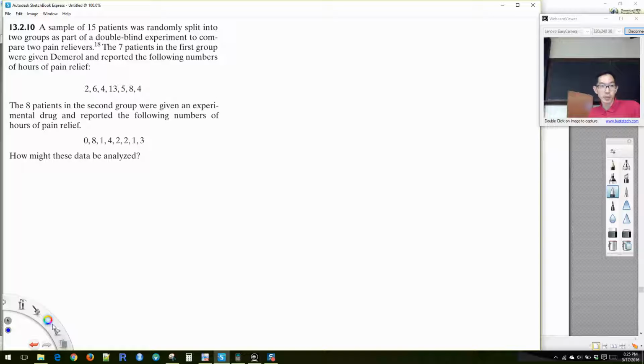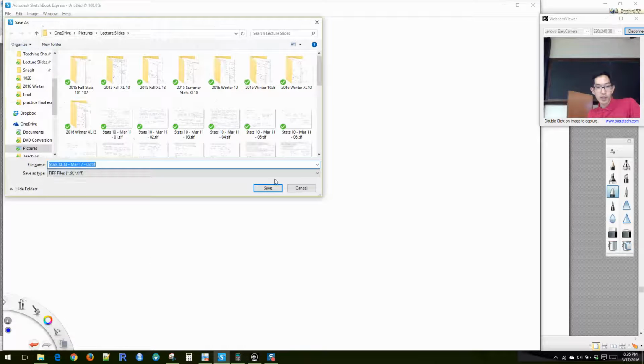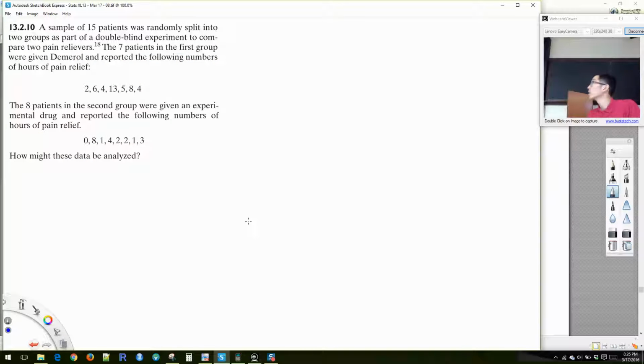Okay, so 7 patients were given Demerol, and 8 patients in the second group were given an experimental drug and reported the following numbers of hours of pain relief. All right, so how might these data be analyzed?